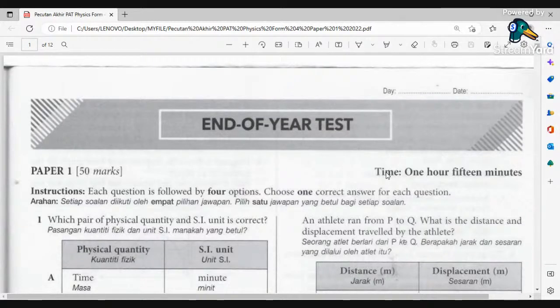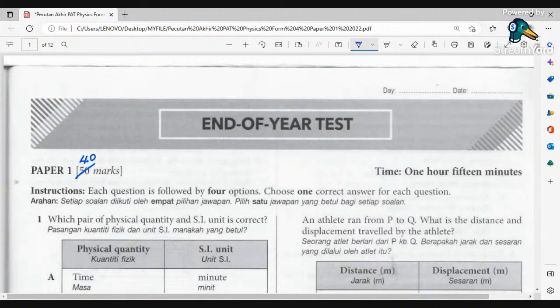PAT is coming just around the corner. So I hope you have done all revision from chapter 1 to chapter 5. PAT not included chapter 6. Okay, so paper 1. For KSSM format, it's not 50 marks, it's only 40 marks.